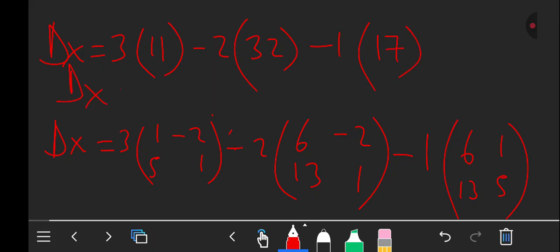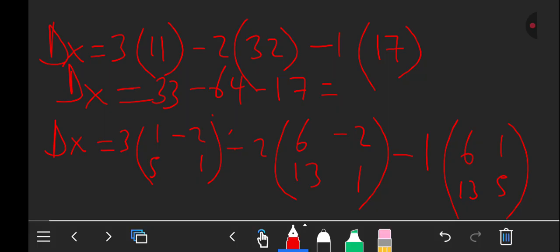So determinant of x will be equal to, we'll have 3 times 11, that is 33, minus 2 times 32, that is 64, then minus 17. And what value will we get? So if we say 33, then minus 64.